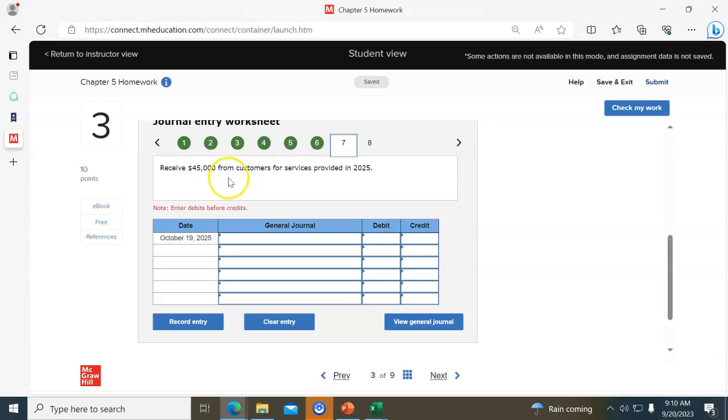Now we receive 45,000 from customers for services provided in 2025. What do we do? Debit cash, credit accounts receivable.